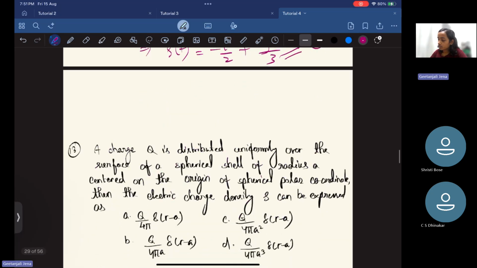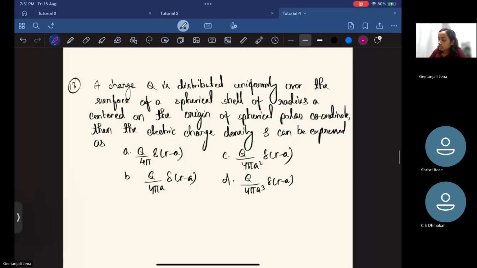Let us quickly move to our next problem. So the question is, a charge Q is distributed uniformly over the surface of a spherical shell. Whenever there is a spherical shell, it's like a hollow sphere. If it is not mentioned, it's a hollow sphere, but it's mentioned as a spherical shell, so take it as a hollow sphere.